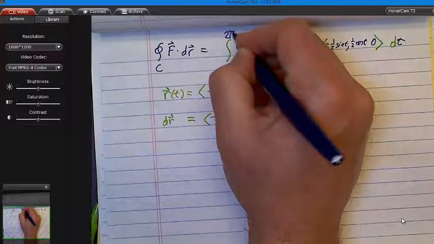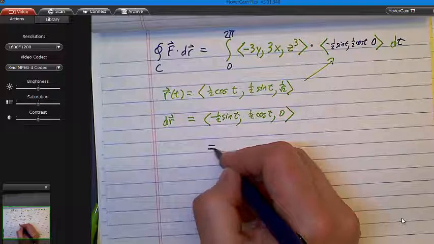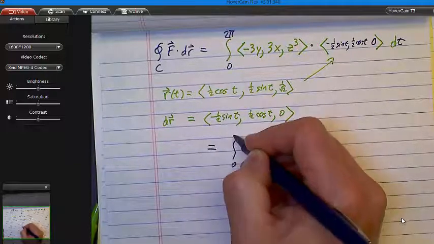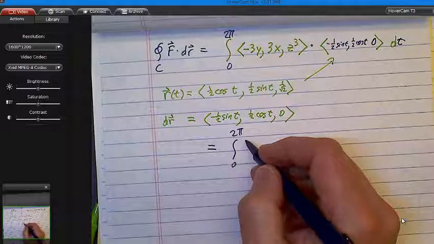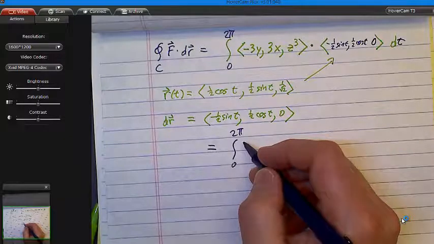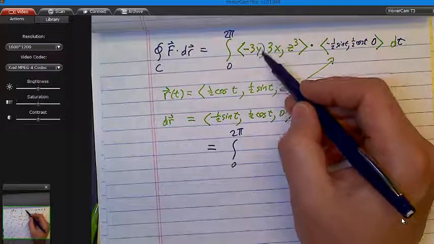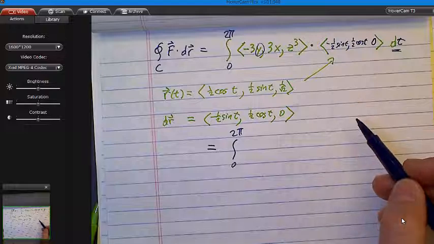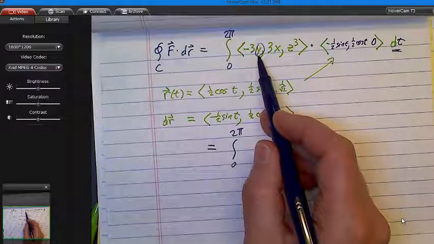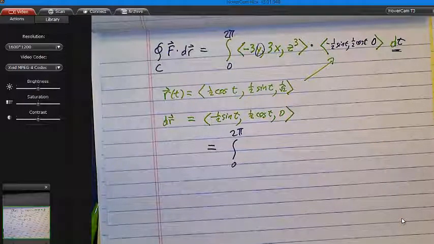I like this one better. So we get the integral from 0 to 2 pi of this dot product. So let's see. Oh, it doesn't quite work yet because I need to, well, what do I need to write instead of y if I want to write a dt integral? I guess change that to 1/2 sine t, right?